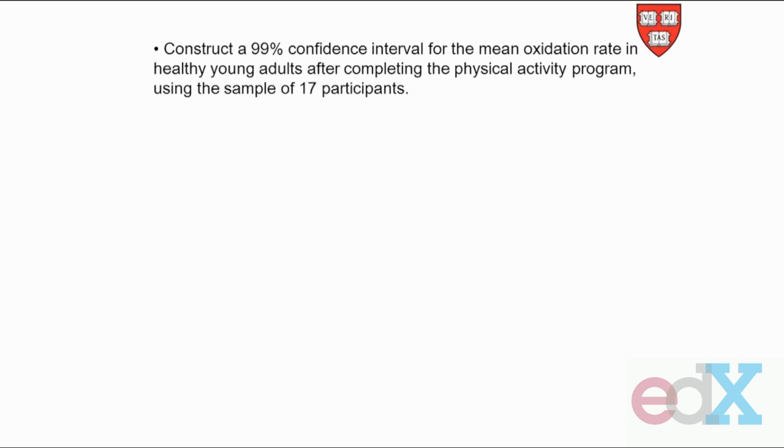So again, thinking about these healthy young adults who completed the program, now we're going to try to look at a 99% confidence interval for the mean oxidation rate in those adults who completed the program using our sample of 19 participants. Recall that a 99% confidence interval for the mean is going to be equal to x bar plus or minus this z cutoff times sigma over the square root of n, when sigma is known.